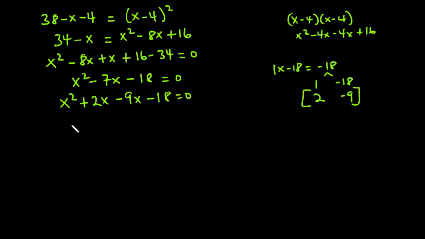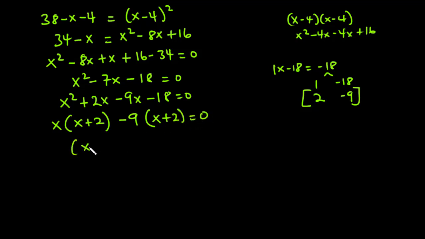So now let's factorize. The LCM between x squared and 2x is x. So we have x on the outside, and then we have x plus 2 inside the bracket. The LCM between negative 9x and negative 18 is negative 9, and then inside the bracket we have x plus 2, which is equal to 0.